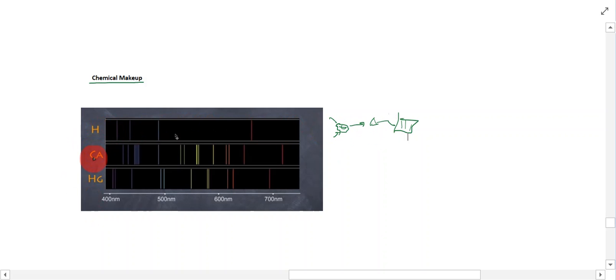If we compare this to an emission spectrum for calcium, for example, we can see that they're very different. They have some similar bands of light that they give off, but on the whole their complete makeup is completely different. And if we look at mercury as well, imagine we get the electrons in mercury atoms to become excited, they're going to give off these very specific wavelengths of light.